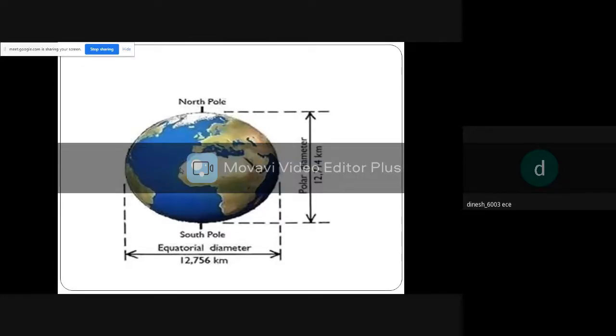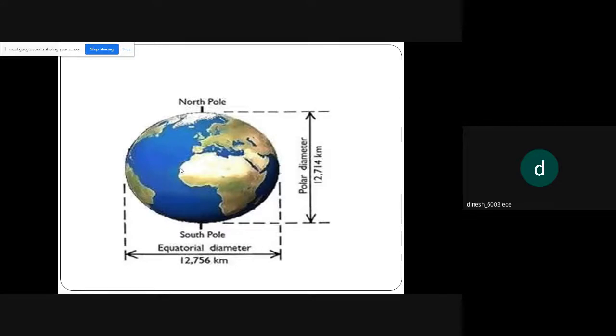In this diagram you can see the north pole and the south pole of the Earth. What is the equatorial diameter and what is the polar diameter?